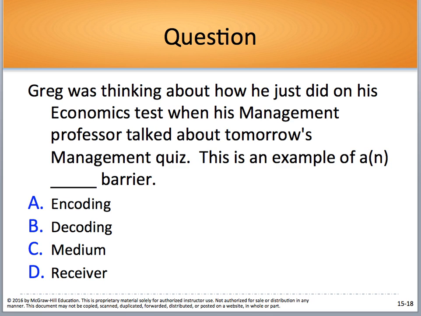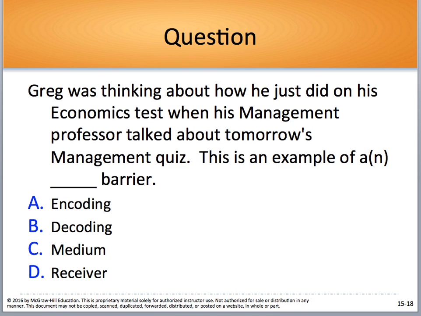So if Greg was thinking about how he just did on his test when his management professor talked about tomorrow's quiz, he's thinking about how he did on his economics test when his management professor is talking about tomorrow's management quiz.